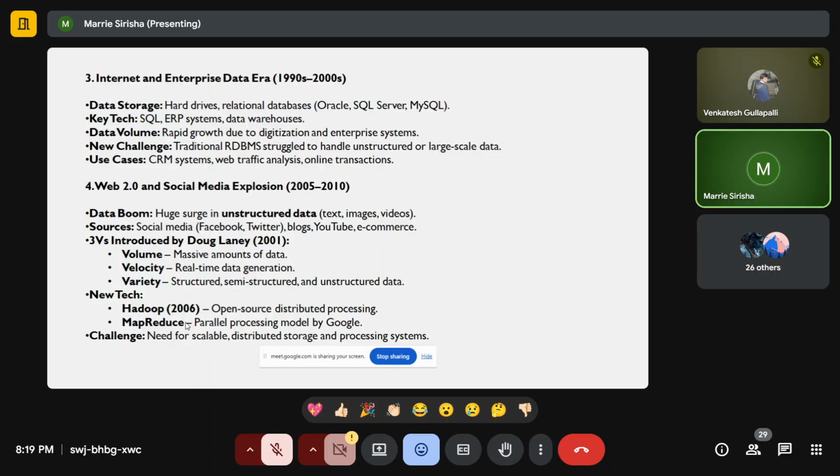Whereas MapReduce is a parallel processing. That means the data we are splitting in parallel form and we are processing the data, right? So these are the new technologies that evolved between 2005 and 2010.